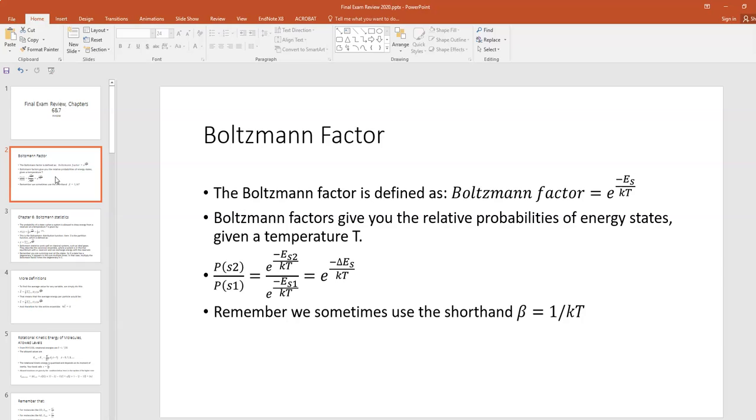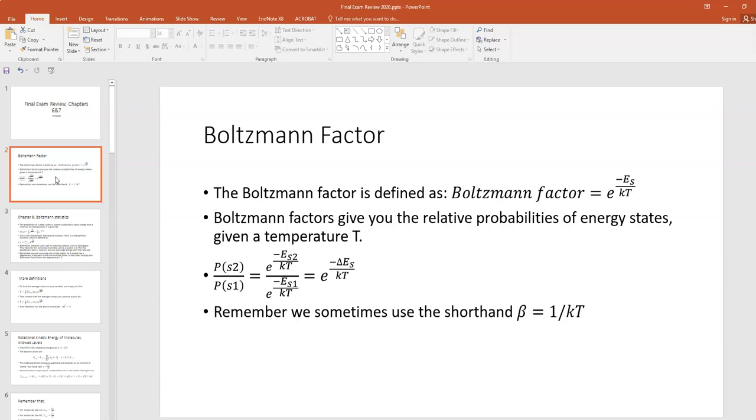So if you have two different energy states, and we'll call them state 2 or S2 and state 1 or S1, then the ratio of the probabilities of those energy states, the probability of state 2 divided by the probability of state 1, is the ratio of the Boltzmann factors for those energy states.